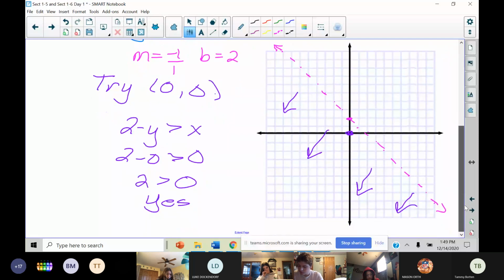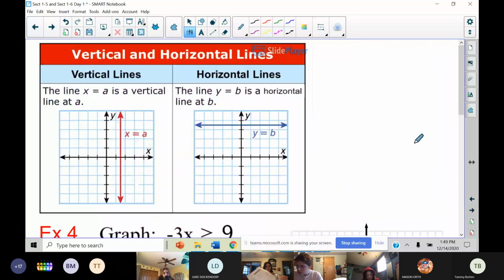All right, so now if we go to this page, I believe I said last week that you may want to have one sheet of notes for the quiz that's going to be on Wednesday. This may be something that you want to write down. If you ever got something like x is equal to -2, it's going to be a vertical line, and you would go on your x-axis to where it's -2, and then you would just draw a vertical line.